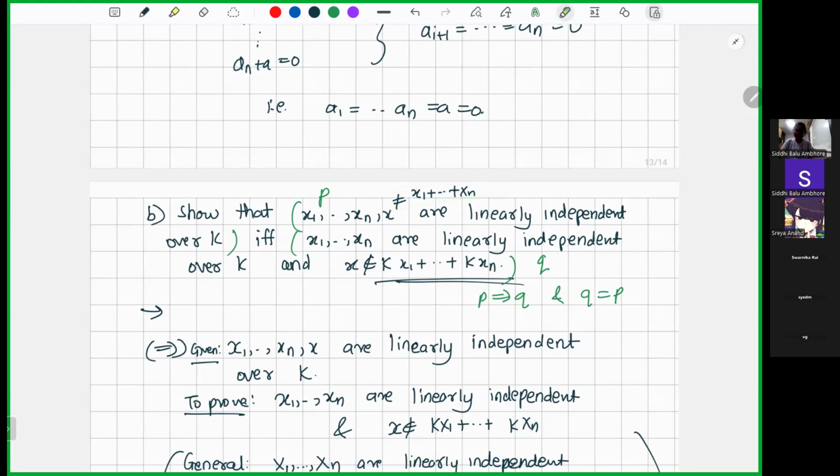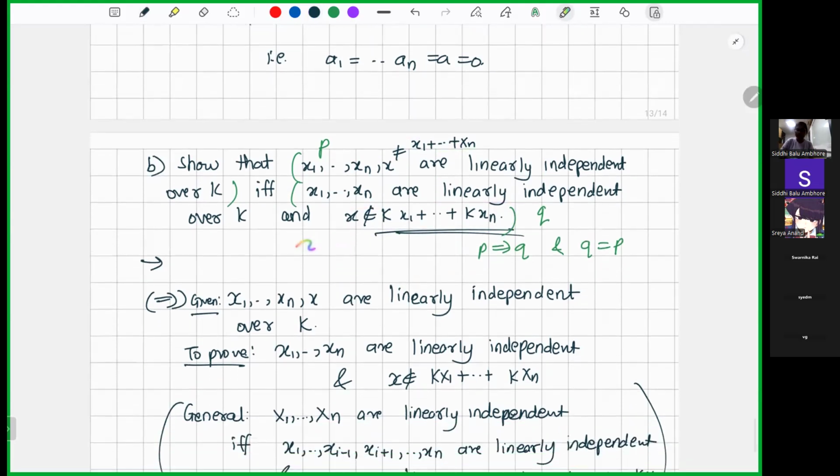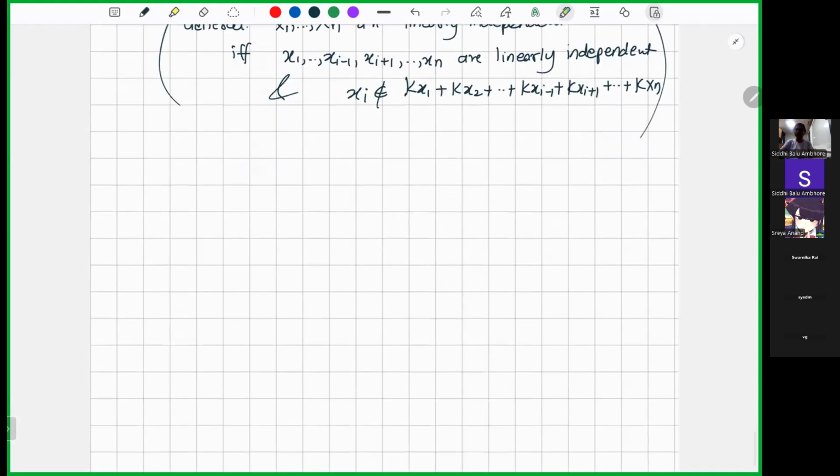And secondly, this x does not belong to the linear combination of this. So what they are saying is that this x is not equal to a1 x1 up to an xn for any ai in k. This is what it means. x does not belong to the linear combination.